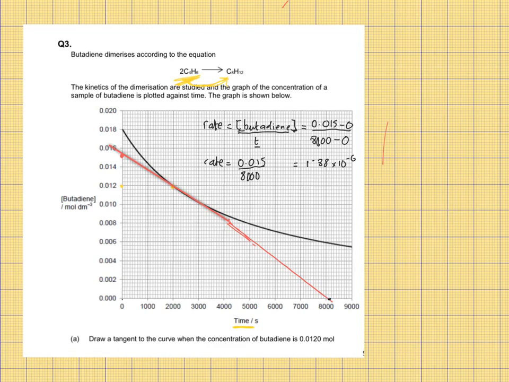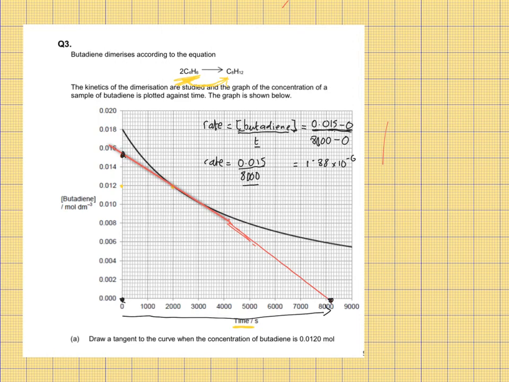And the change in concentration of butadiene is here, which is roughly 0.015, take away the start concentration, which is 0. So that's the change in concentration. And the time for that change in concentration is your time axis here, which is roughly 8,000 seconds, take away 0 because we've gone through 0. So it's the gradient of this triangle here.